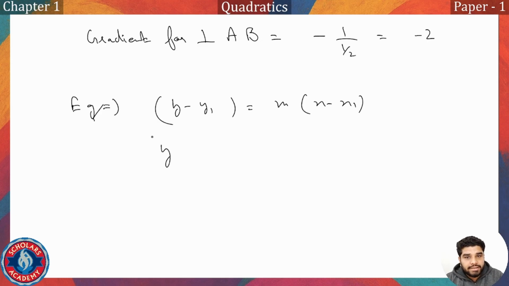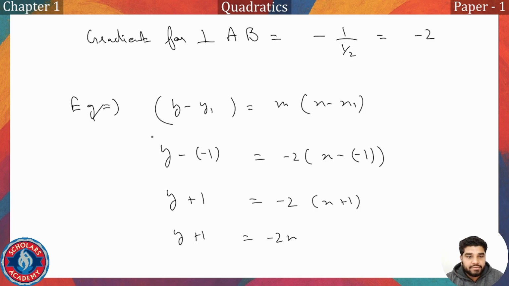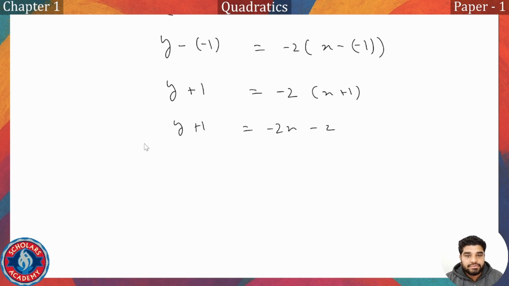So y minus -1 is equal to -2 times x minus -1. So y plus 1 is equal to -2 times x plus 1. So y plus 1 is equal to -2x minus 2. So from here I get 2x plus y plus 3 is equal to 0. So this is my required equation.